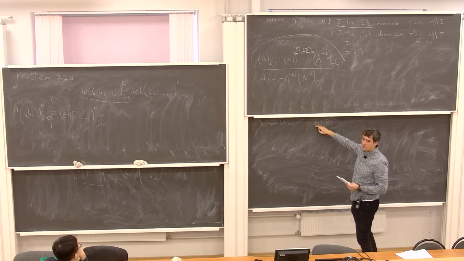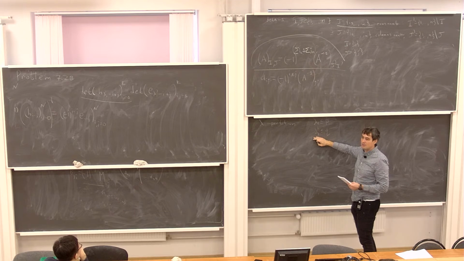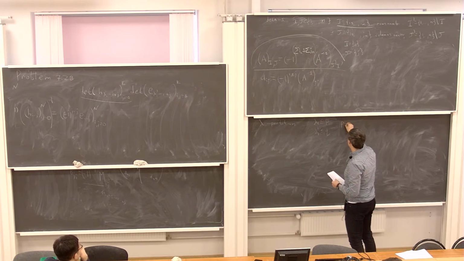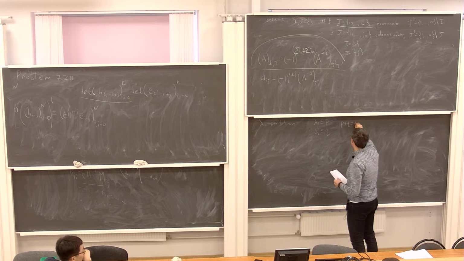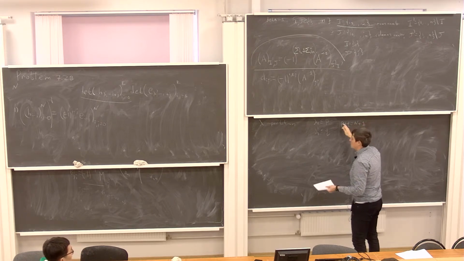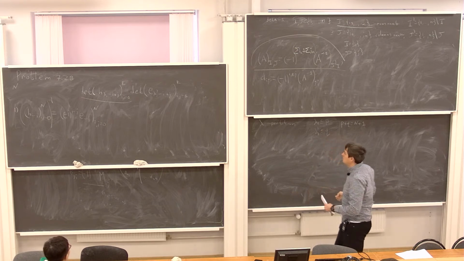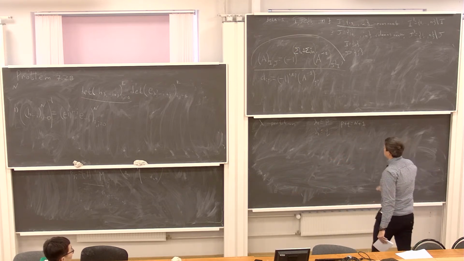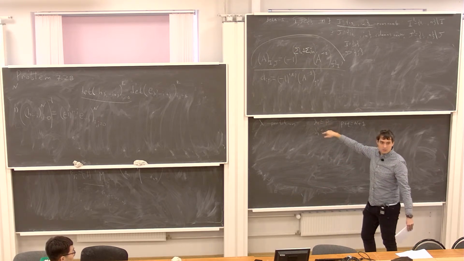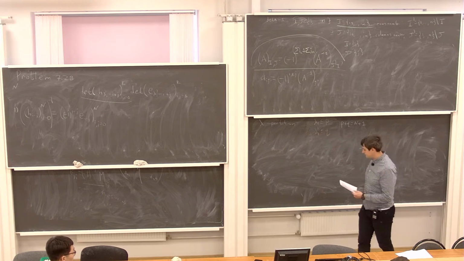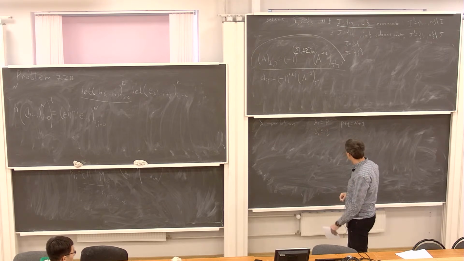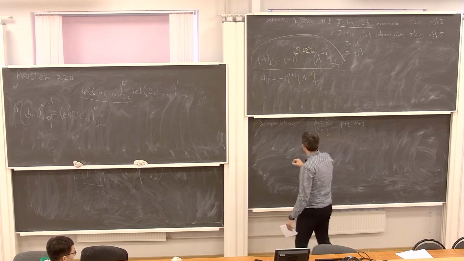Lambda 1 is the number of rows, lambda 1 prime is the number of columns, right? Then suppose that p plus q is equal to n plus 1. So we consider all partitions in some particular rectangle. Okay?